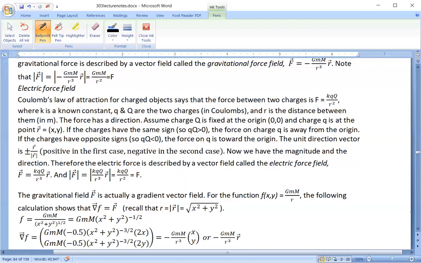So that whole expression is really just r cubed in the denominator. That's a scalar. It's not a constant, but it's a scalar, and we can also factor that out. And what's left is x, y. But what is x, y? It's just our position vector r, and that gives us our final answer, which is exactly what we said the force field was for gravitation.